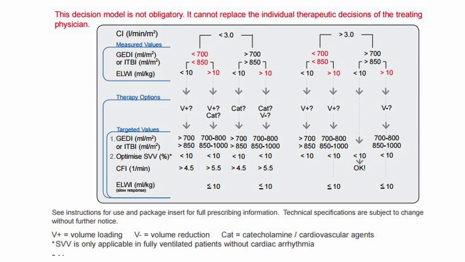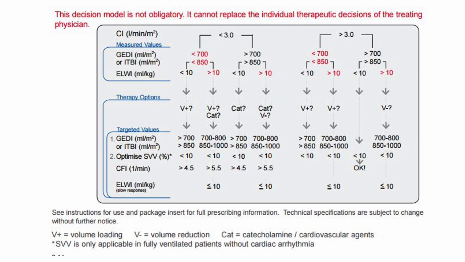If your cardiac index is low and your GEDI is high, again, you probably don't really want to be giving them more volume, and it would depend on your extravascular lung water index whether you would just manage this with vasopressors or whether you might want to think about taking some fluid off.